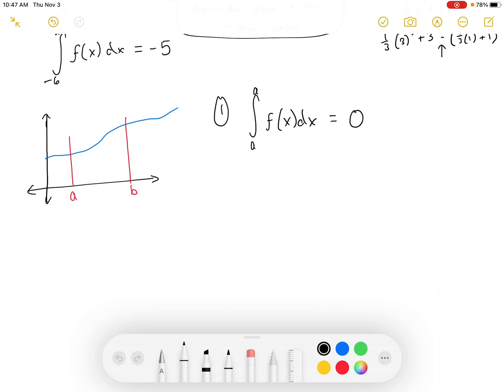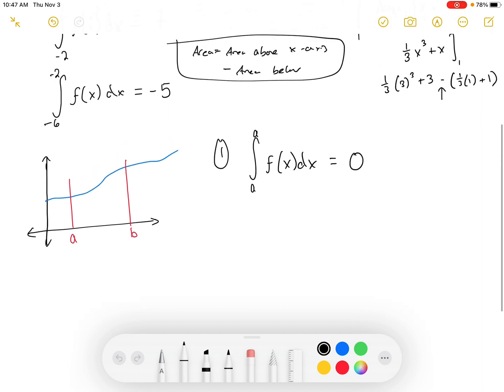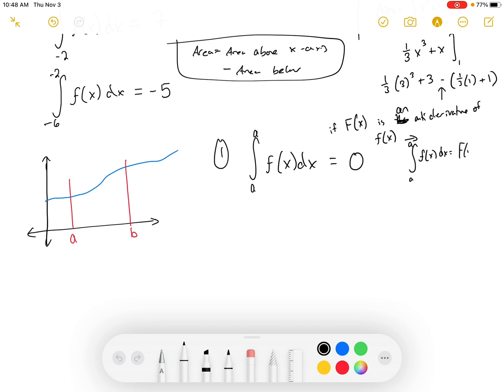And if we were to use our definition up above, where if big F of x is an antiderivative of little f of x, then we would get that the integral from a to a of f of x dx would equal big F of A minus big F of A. And of course that's 0, right?